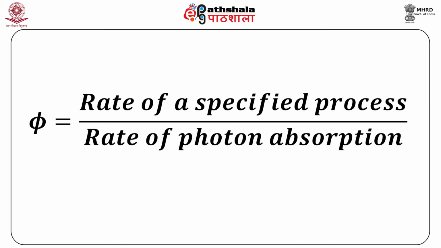Now, efficiencies of photochemical processes are described by something called quantum yields, which are defined as phi is equal to rate of the process that you are studying, that is the rate of the specified process, divided by the rate of photon absorption.